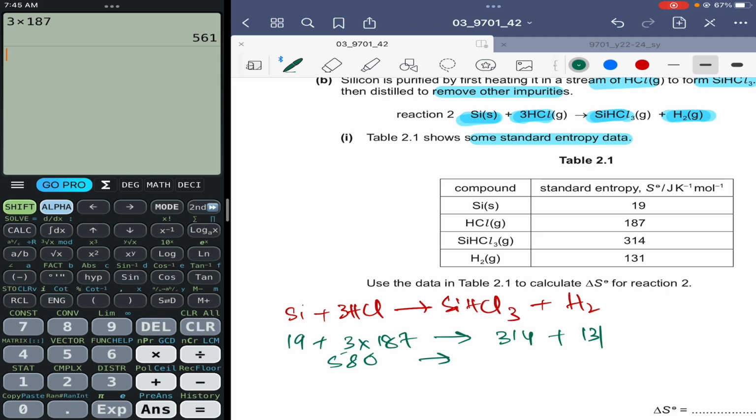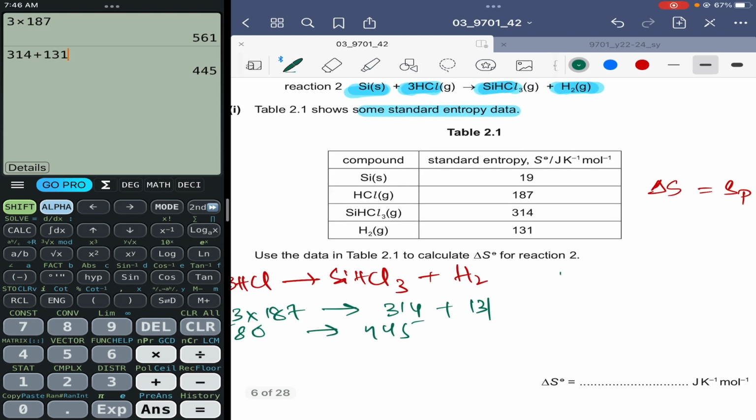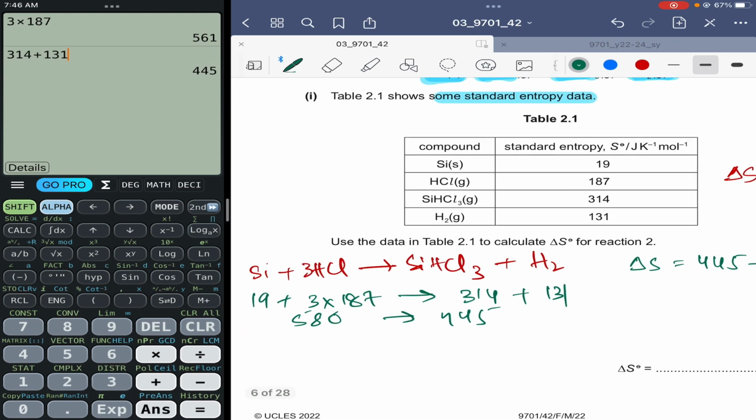On the product side, the sum of entropies would be 314 plus 131, so this is 445. So delta S is equal to product minus reactant. So delta S would be equal to 445 minus 580.